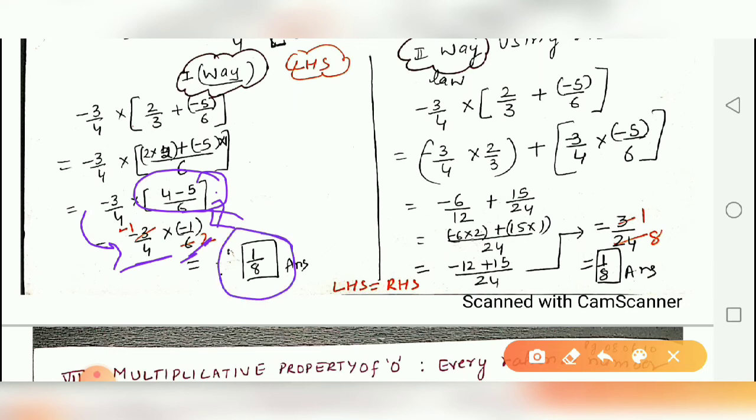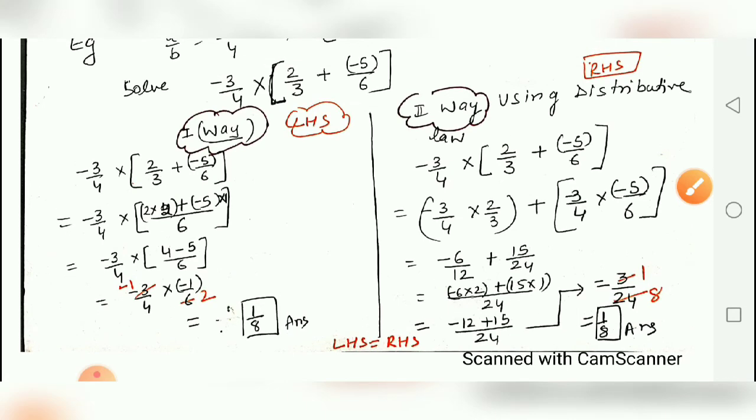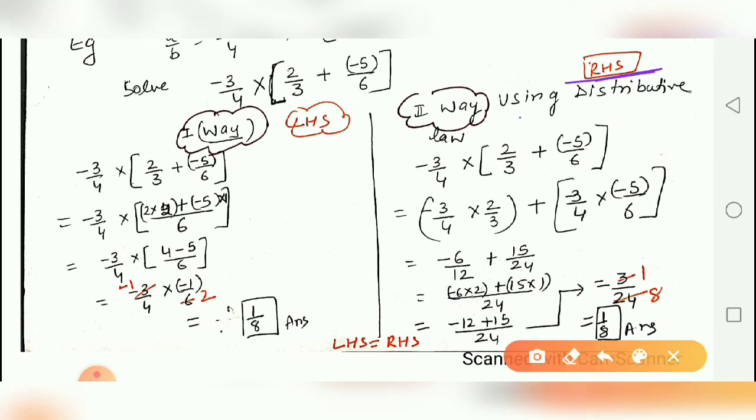Now let us solve this question by the distributive law. On the right hand side, using the distributive law, we will write this question again: -3 by 4 multiplied by bracket 2 by 3 plus -5 by 6. Now this is our a upon b, this is our c upon d, and this is our e upon f.